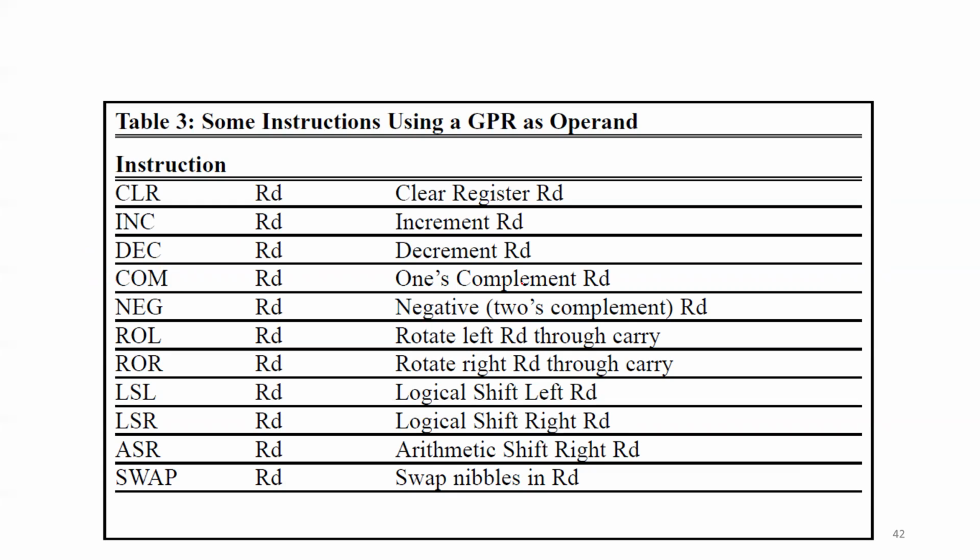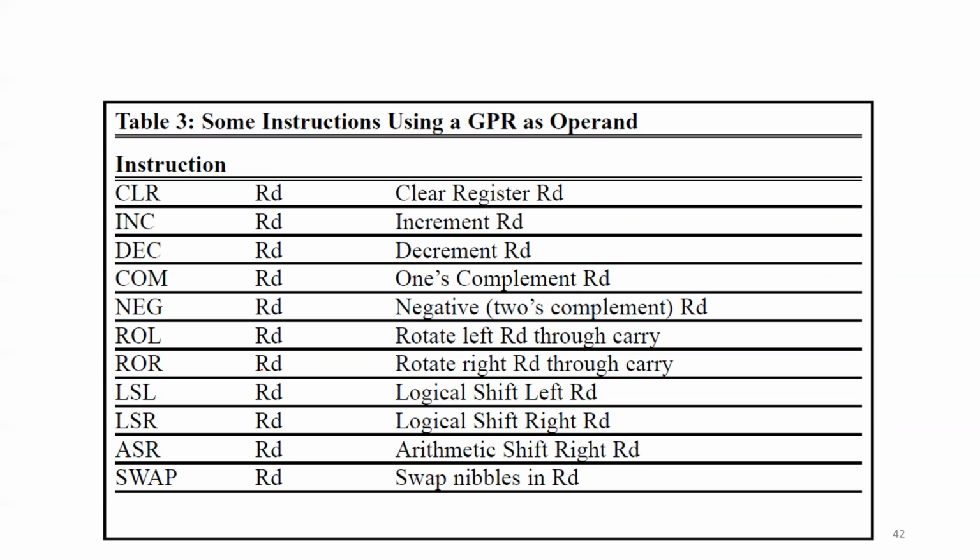COM means complement. Okay, so it's going to complement the values inside this register. NEG means negative, or two's complement, of a certain value inside the register. ROL means rotate left for the register RD through carry. So this would add the carry flag and rotate the contents inside the register to the left side.